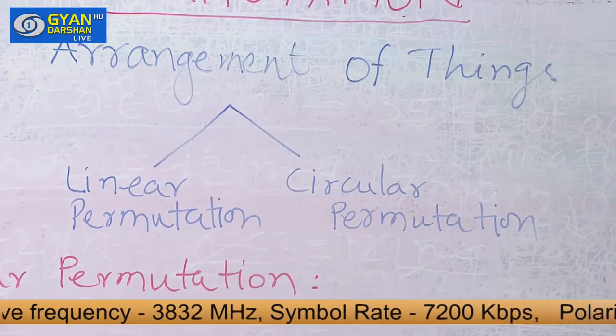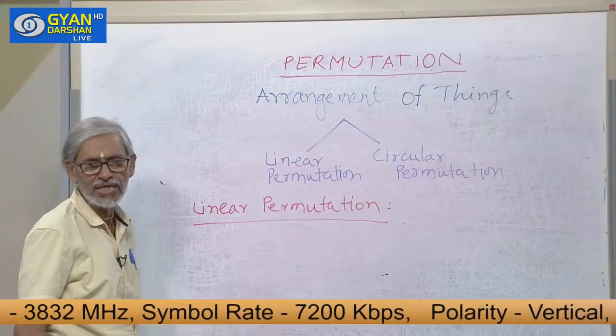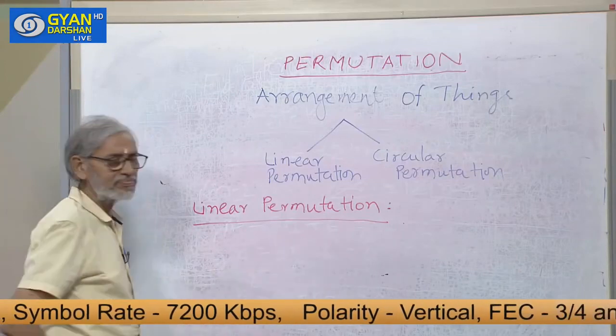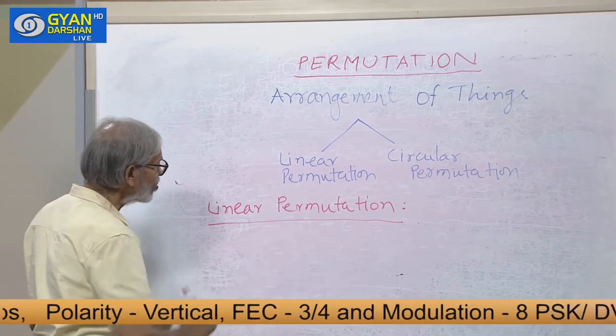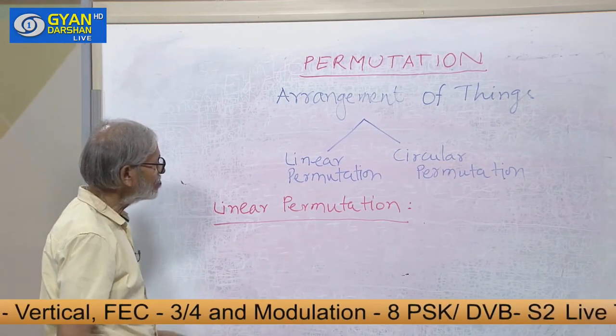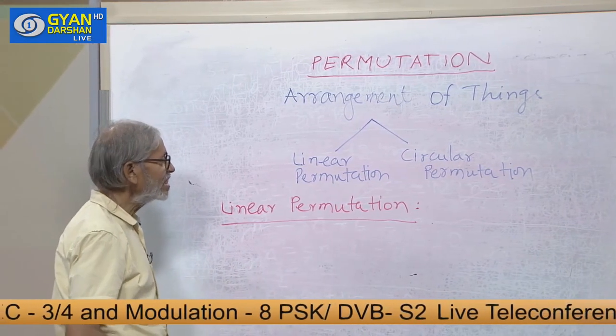When things are there in one straight line, and then we study the arrangement of the things, it is called linear permutation.